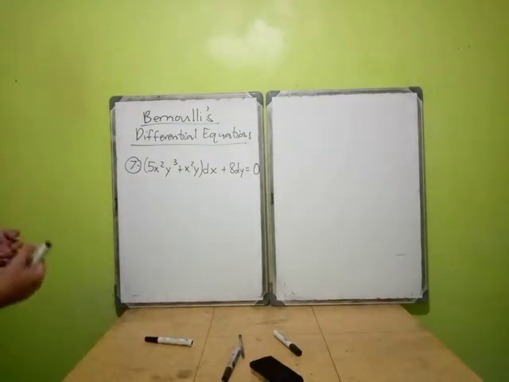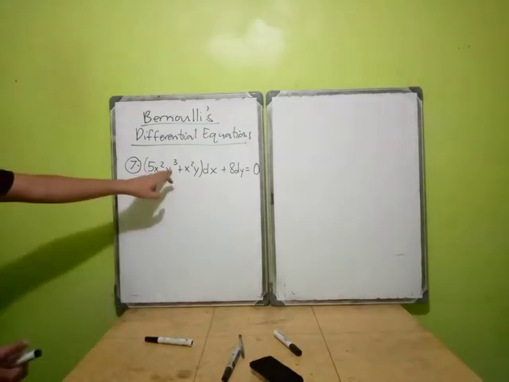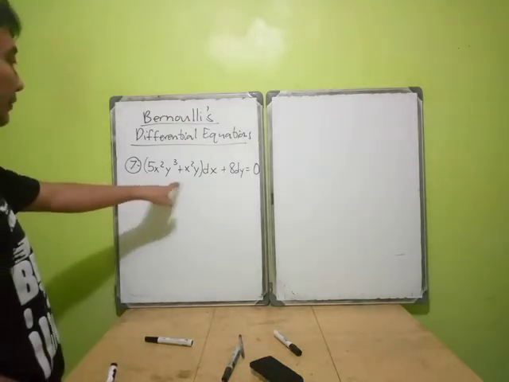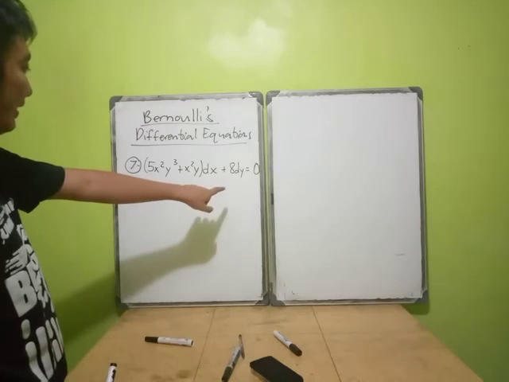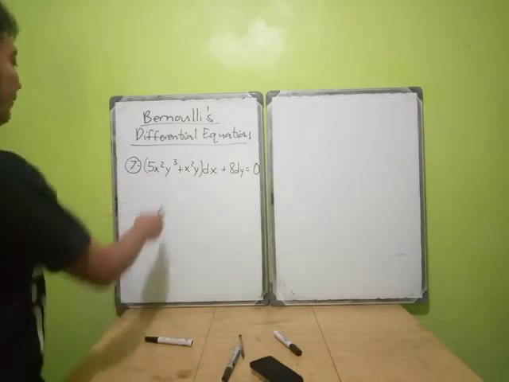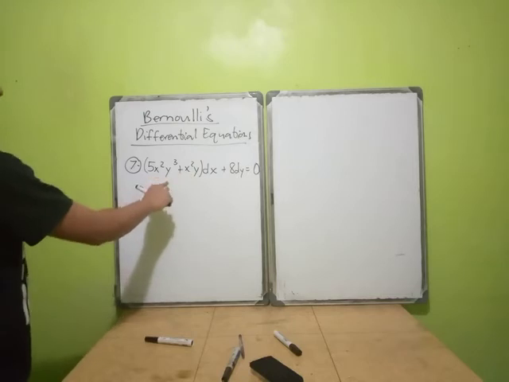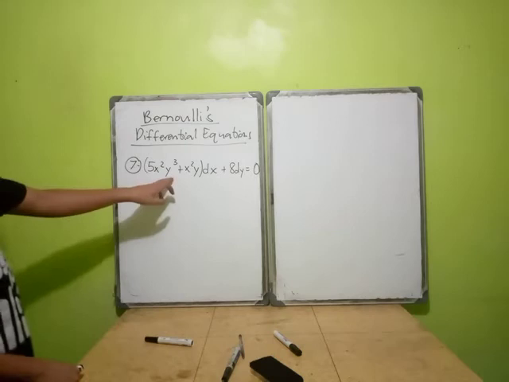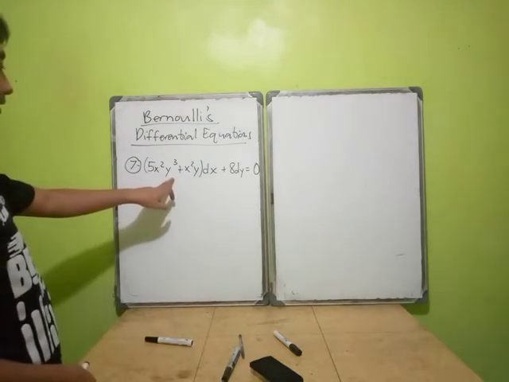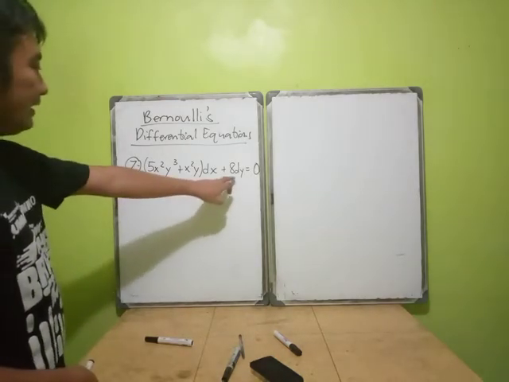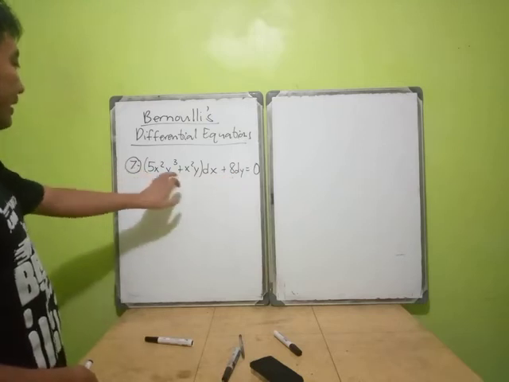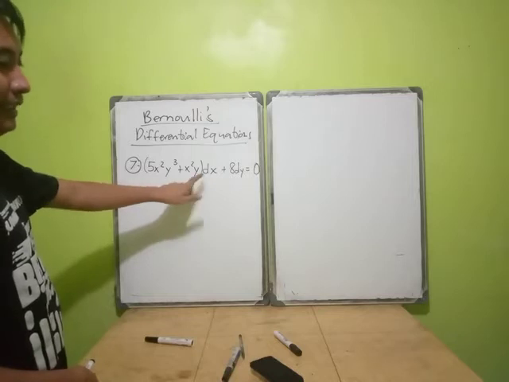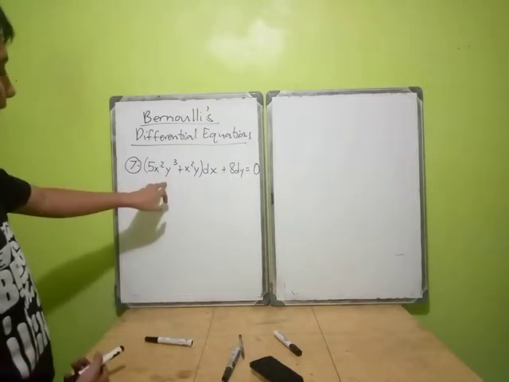Okay. So, ang una mong gagawin is identify mo kung pwede ba siyang variable separable. Pwede ba? So, merong y dito, hindi mo ma-integrate kaagad. Hindi mo ma-integrate kaagad. Kasi may x squared, tsaka may y. Okay? So, maybe, okay? So, pwede.